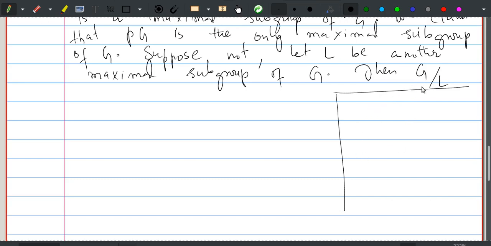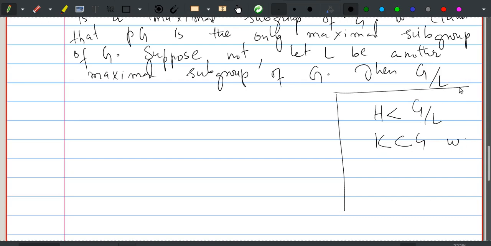Because suppose H is a subgroup of G mod L, then that means there exists some subgroup, say K of G, which contains L. But L being maximal, there is no proper subgroup of K which contains L. So this means that G mod L is simple.